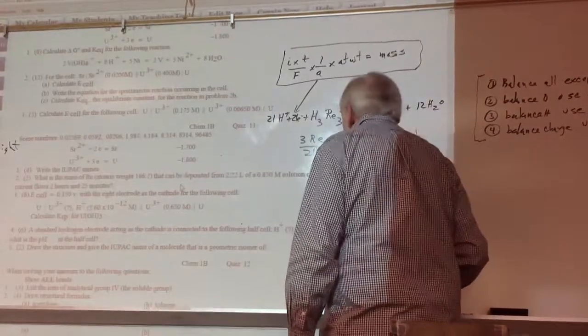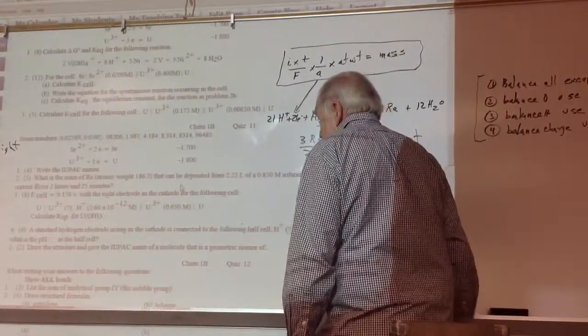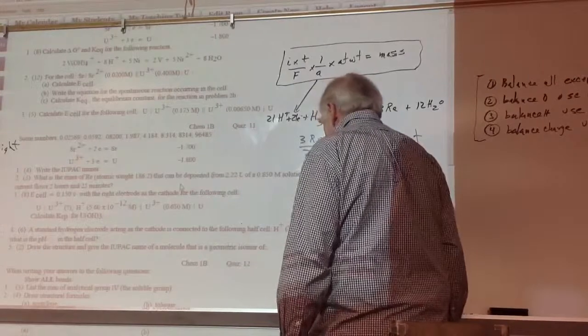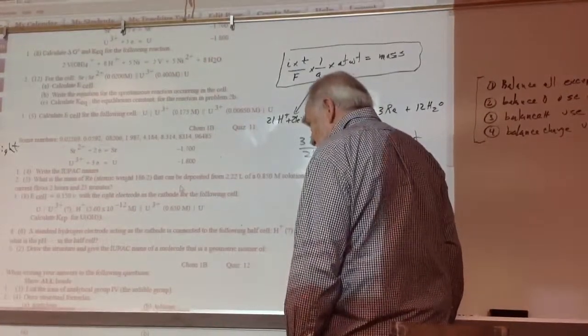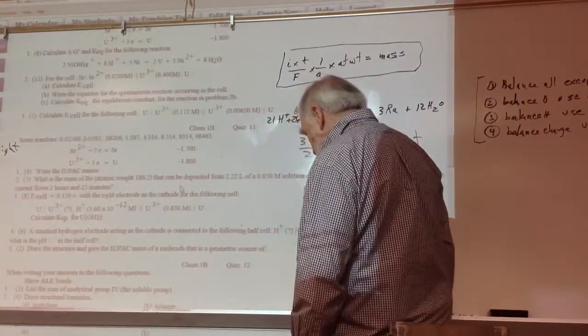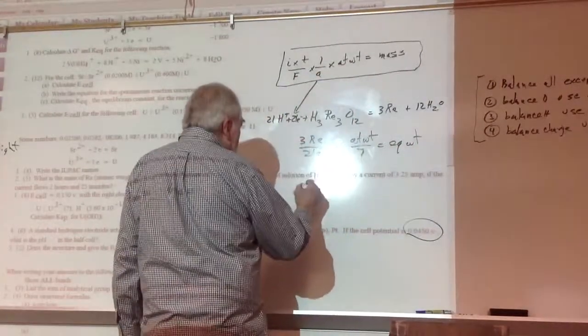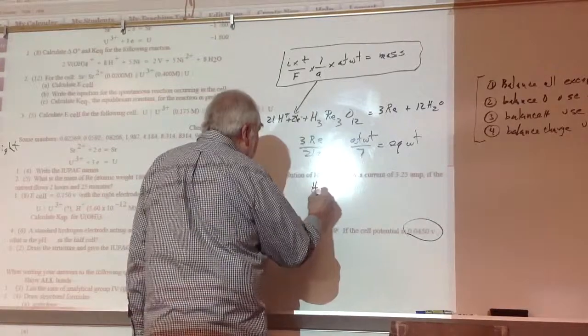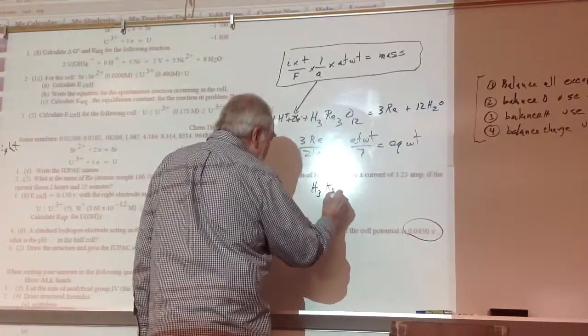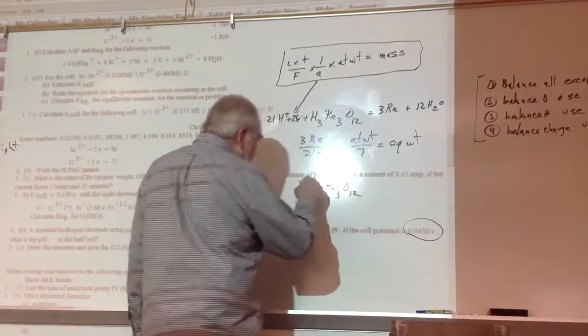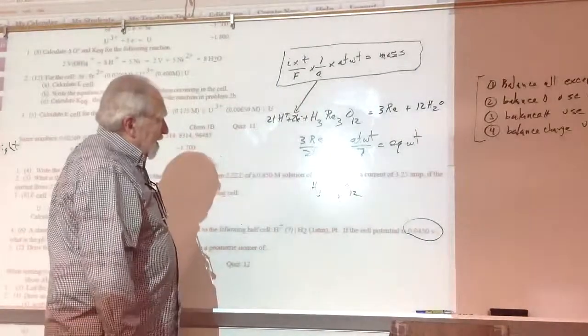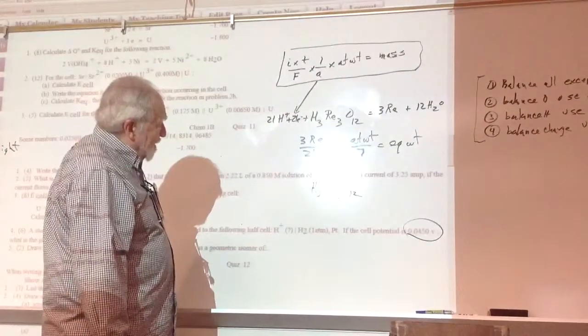So let me write another equation. I guess I don't have another one written. Sometimes I have the same things repeated. But I started with this formula. There it is, right? And the first step says balance everything except hydrogen and oxygen.